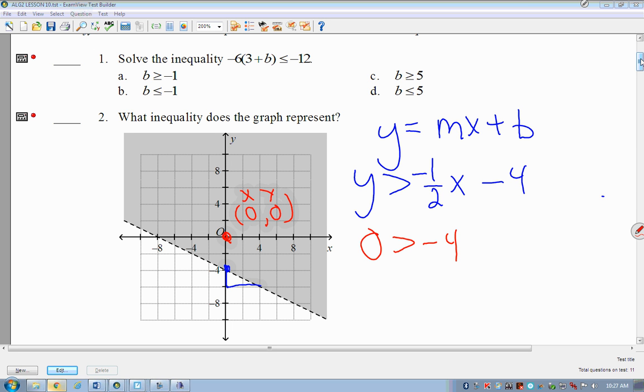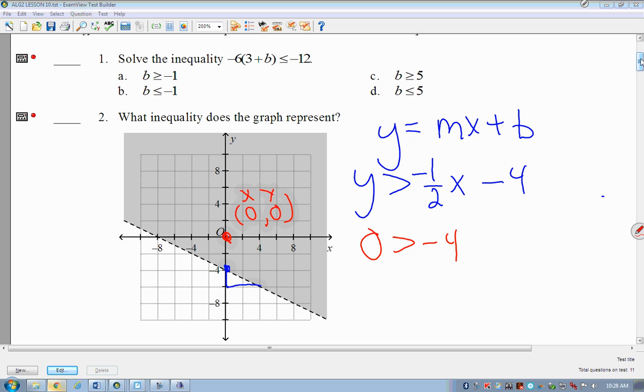Never heard of using a test point? Does it help? It helps? Yeah. It takes the guesswork out of it. Now, let's say we had something where 0, 0 wasn't part of it. What I would say is find a coordinate that is in the shaded region and plug in that x and y value, and whenever I get my inequality symbol to where it actually works, that's what I want.